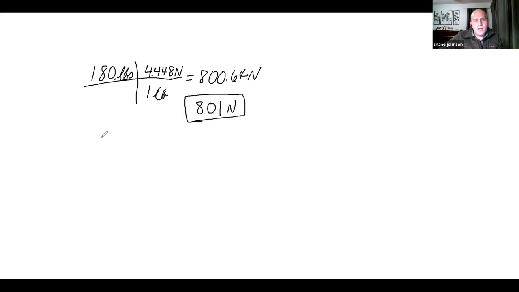Now, if I wanted to give my mass instead of weight, then just a simple formula: the weight is equal to the mass times gravity. So if I wanted mass, I'd just divide weight by gravity. So here's my weight, and then I'm going to divide by gravity, 9.81 meters per second squared, right?